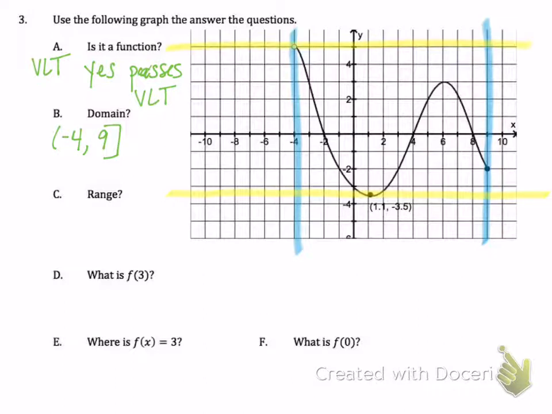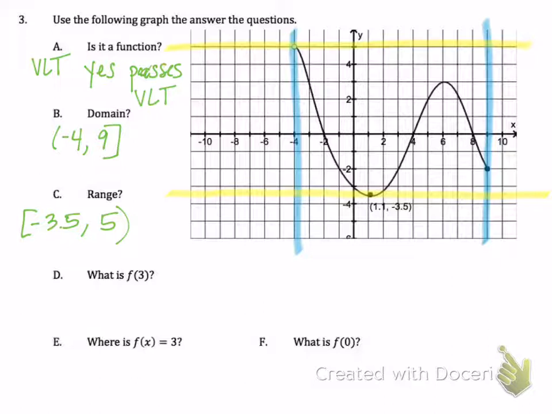Yeah, it gives you the ordered pair. So would it be a bracket or parenthesis? Bracket, -3.5. And then where does it stop? At 5, and that is a parenthesis. Good. When do you do a bracket? When do you do parentheses? Bracket is when it's a closed circle, and parentheses when it's an open circle.